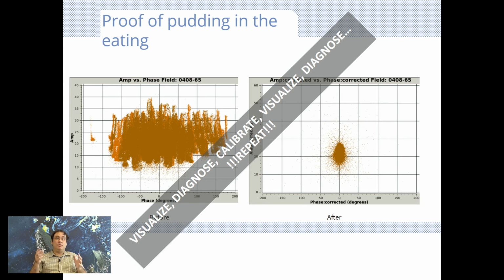Things like RFI will obviously stand out in this plot. Recalibrate if necessary, and continue this process until you're happy that your transfer calibration has done the correct thing before you actually continue on to interpolating it over to subsequent gain calibrator or target fields.